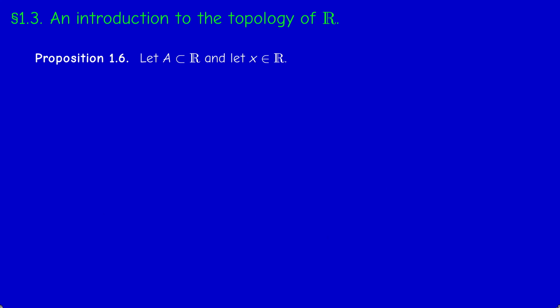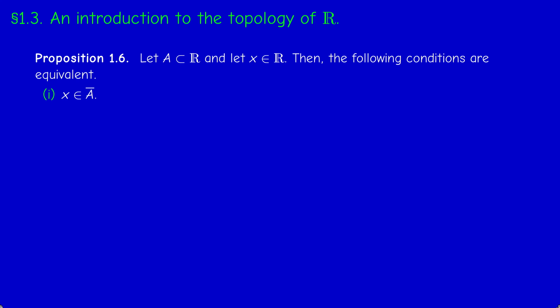And now, having reviewed the notion of convergence, we can give 3 equivalent conditions for a number to belong to the closure of a set. If you have a subset A of R, and a number x in R, then we have 3 equivalent conditions.